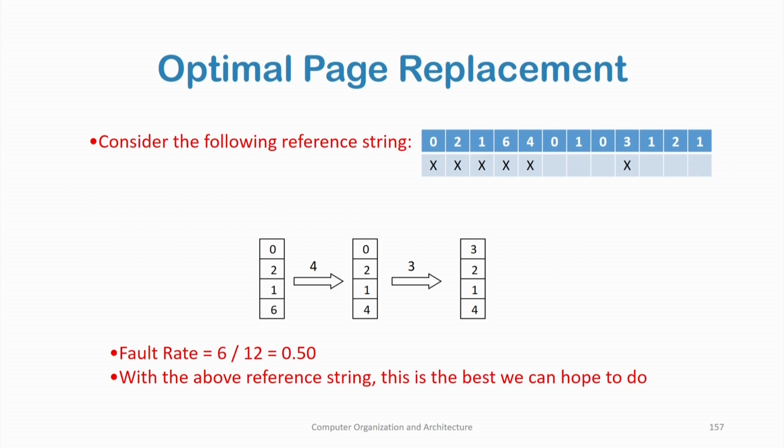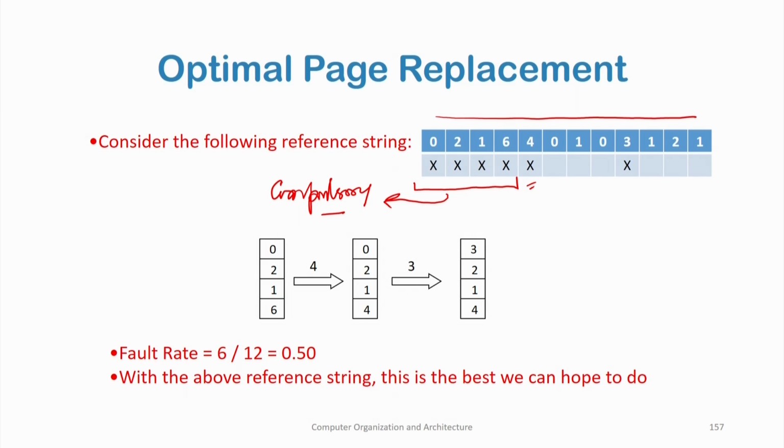If we take the same set of 12 references, the first 4 will still incur a miss, because these are compulsory. Now, 4 is not there in memory, so it will find out whom to replace. It will find the one which will not be used for the longest time in the future.